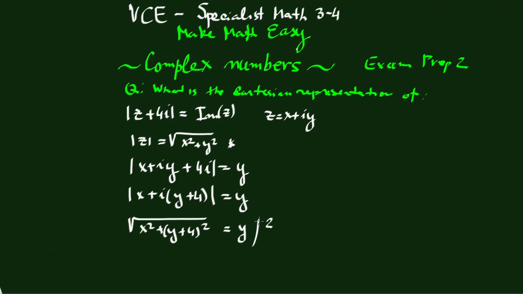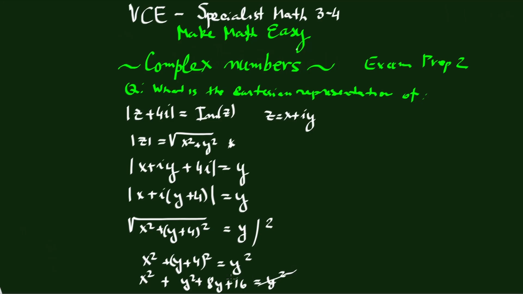Then we put both sides to the power of 2, and they lose the square root. x squared plus (y plus 4) squared equals y squared. Now we expand this, and it becomes x squared plus y squared plus 2 times 4, which is 8y, plus 16 equals y squared.